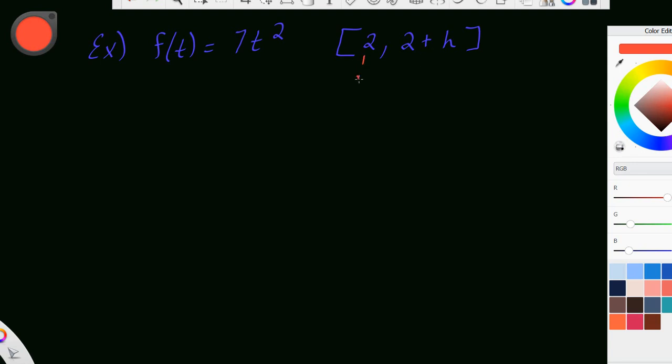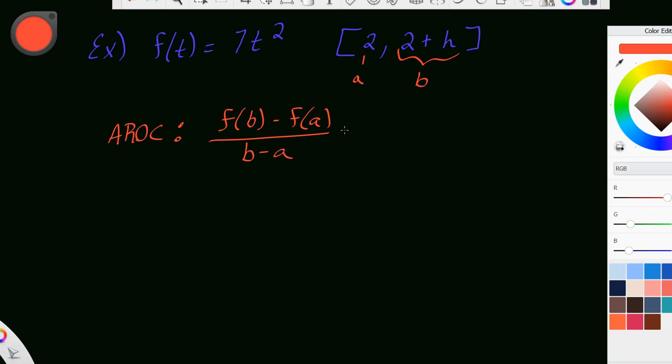All right, so if we want to find the average rate of change, well, that 2 is going to be our A, and the 2 plus h, that's our B. That whole thing is our B. So our average rate of change in this case would be f of B minus f of A divided by B minus A. So that's the definition. Now, when we plug this in, we're going to have f of 2 plus h minus f of 2, divided by, now remember on the bottom we have B, which is 2 plus h, minus A, which is 2.